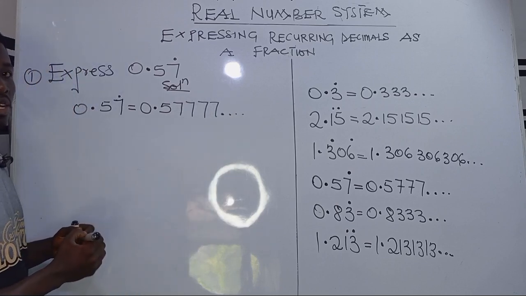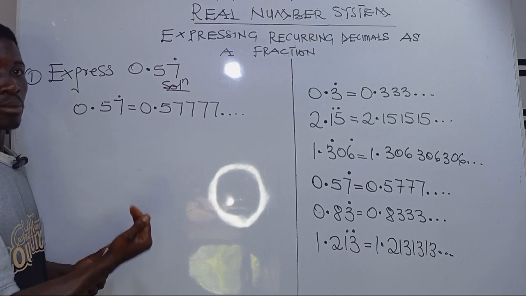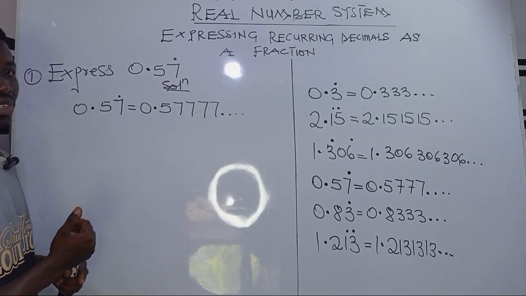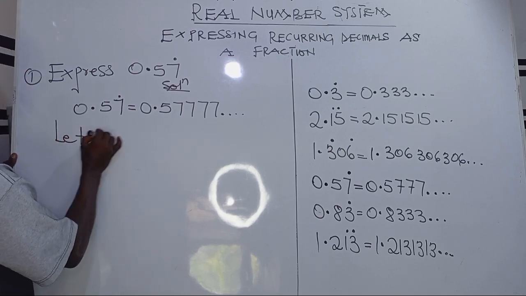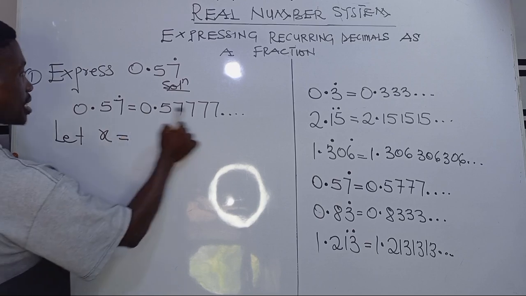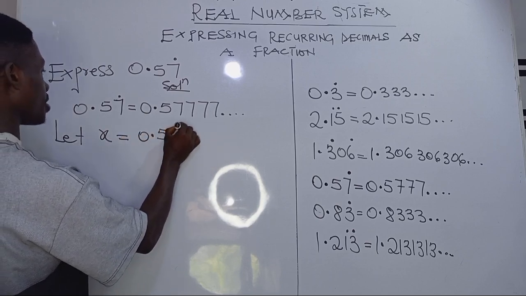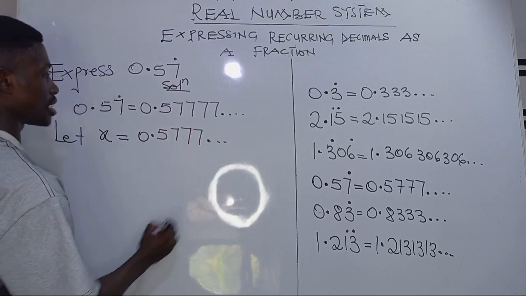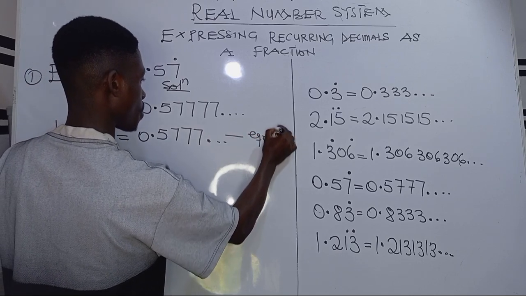Infinity. So the first thing that we are going to do is to let a variable represent the decimal number given, any variable at all. So let's choose x. So we let x represent the decimal number 0.5777 up to where? Infinity. Then we call it equation 1.